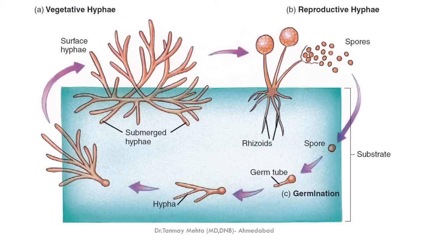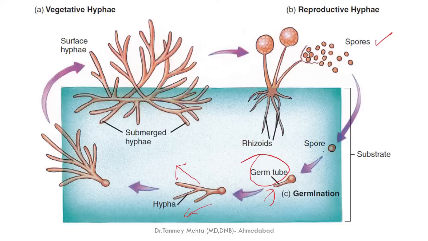Now, as you can see, any mold starts with spores. These spores form an elongation which is known as the germ tube. This germ tube will further elongate and form the hypha, and this hypha will grow.